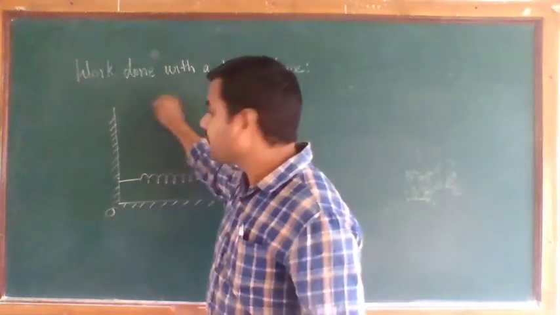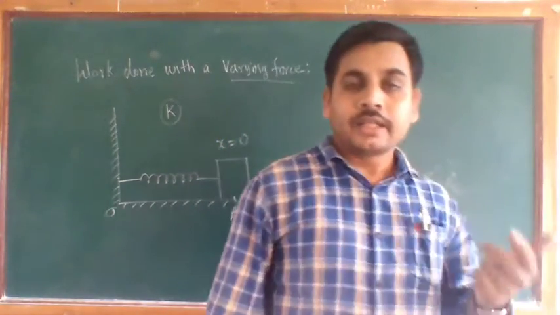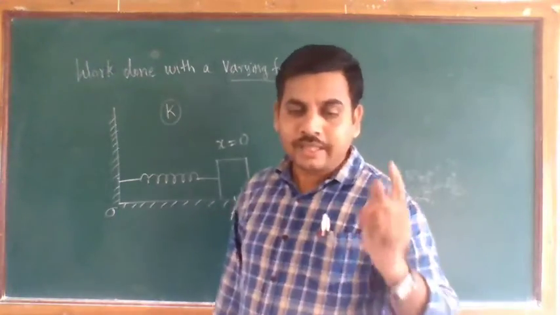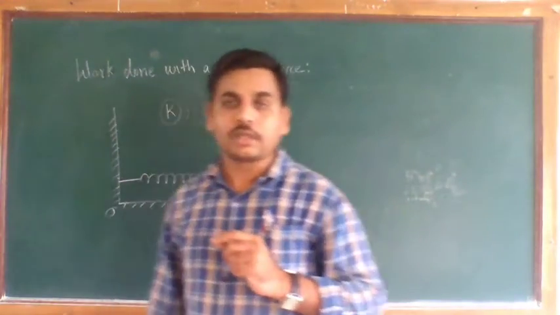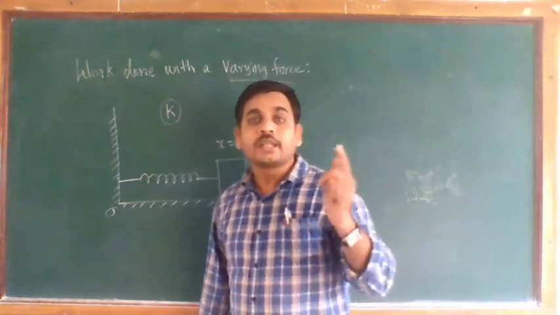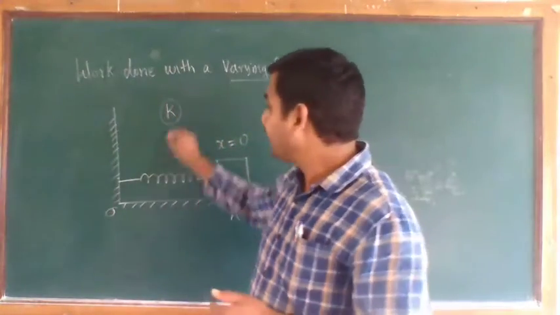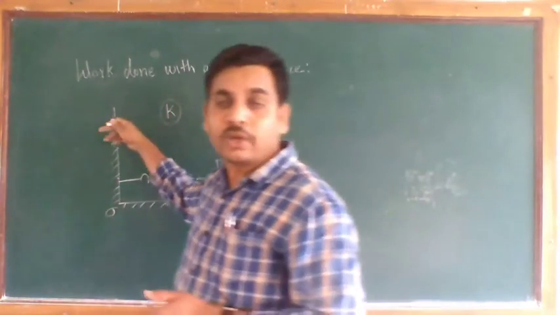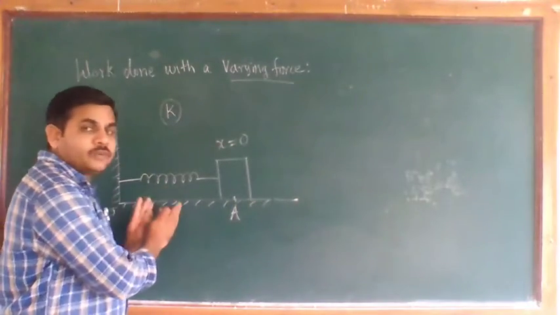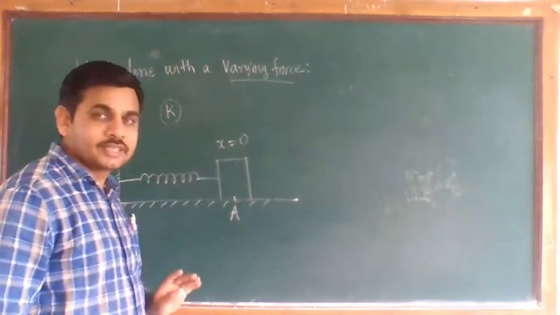One more thing about the spring constant: if K is the spring constant, then the force on that spring or block is K times the elongation of the spring.